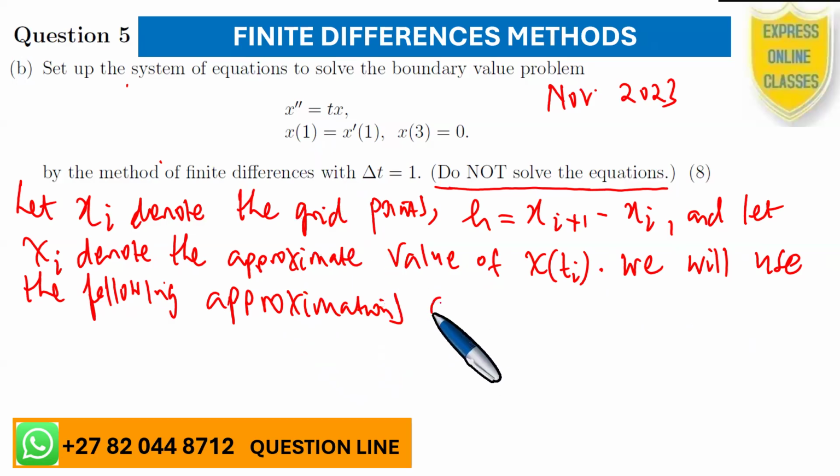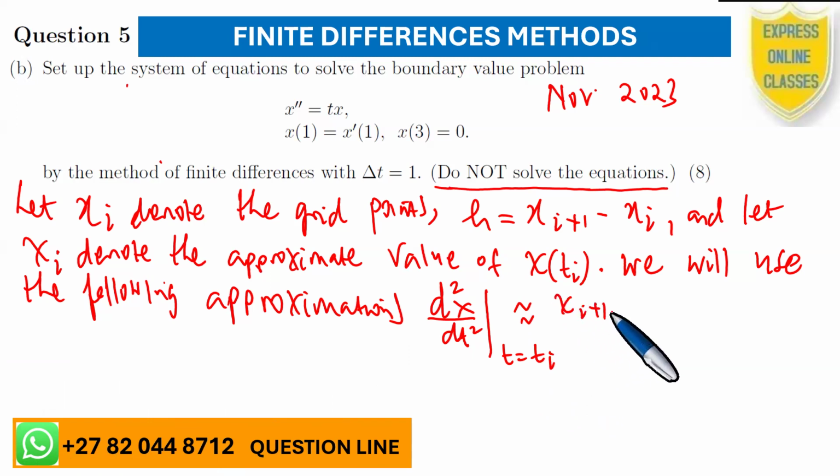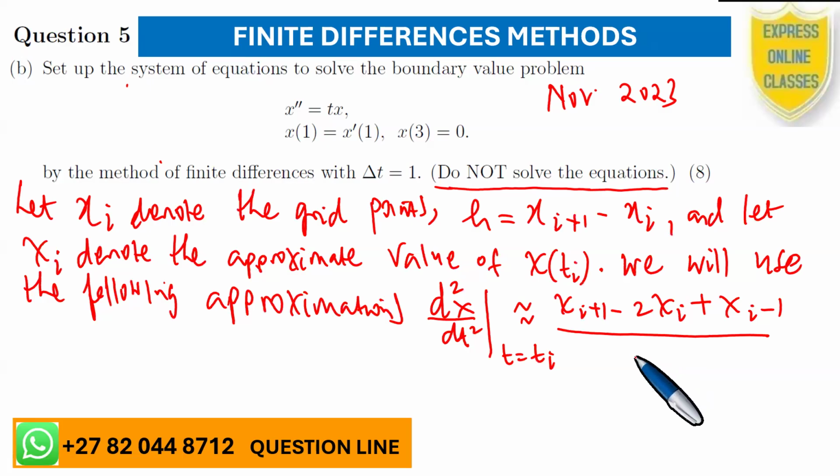We actually know that d squared x dt squared evaluated at t equals ti, you divide by h squared.